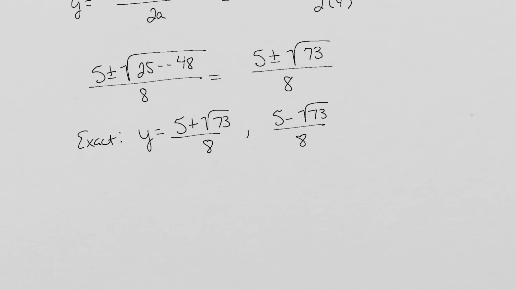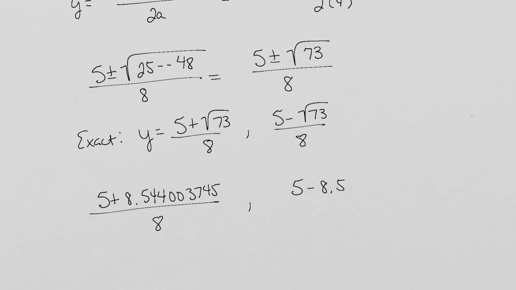And so you would hit the second and then the x squared button and then type in 73 and hit enter, and you get this decimal right here. 8.544003745 over 8. Okay? And then we also have the other answer of 5 minus that same decimal.